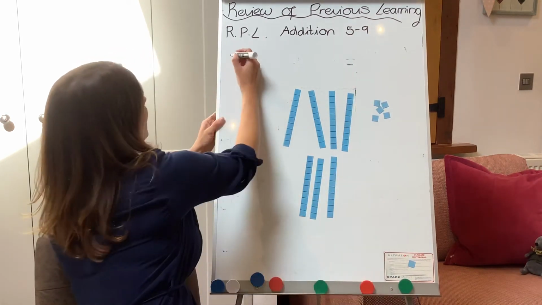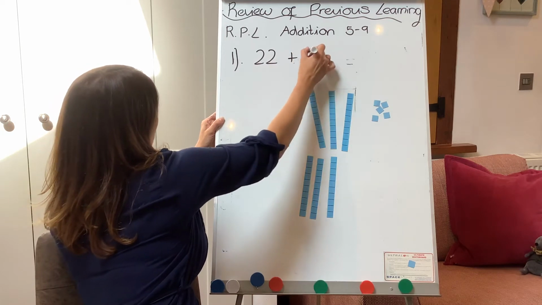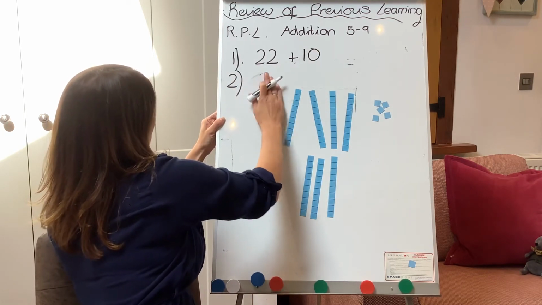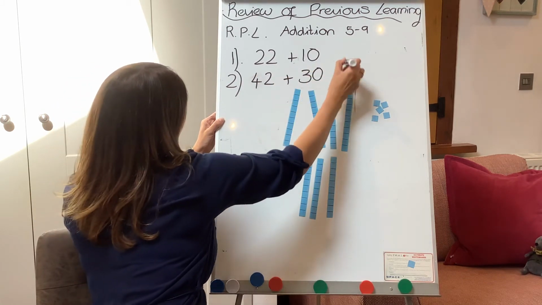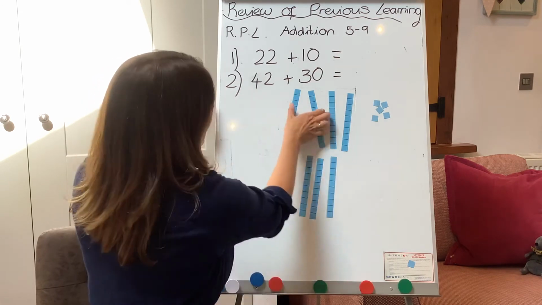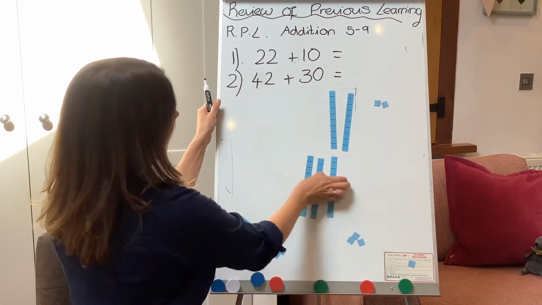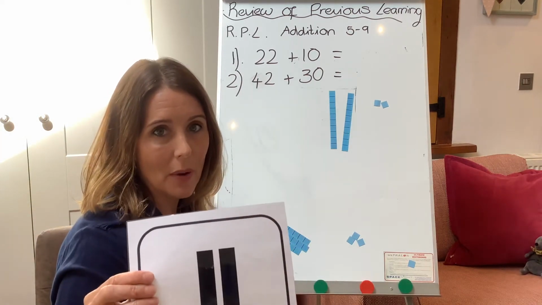You have a go at these two. So 22, add on 10, and 42, add on 30. So pause it, have a go at those.